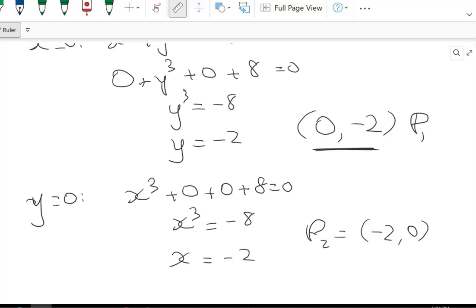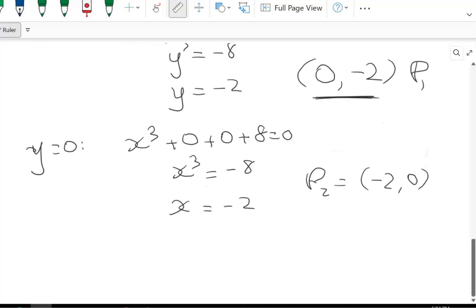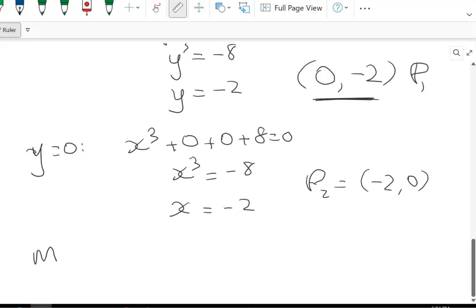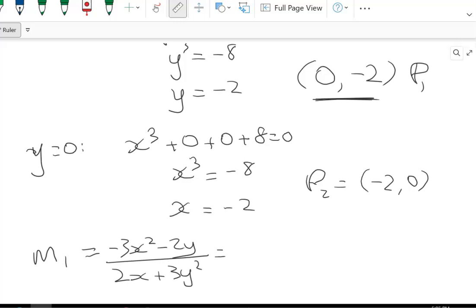Now we can work out the gradients of the tangents at those two places. So M1, remember that my gradient is -3x squared minus 2y over 2x plus 3y squared.